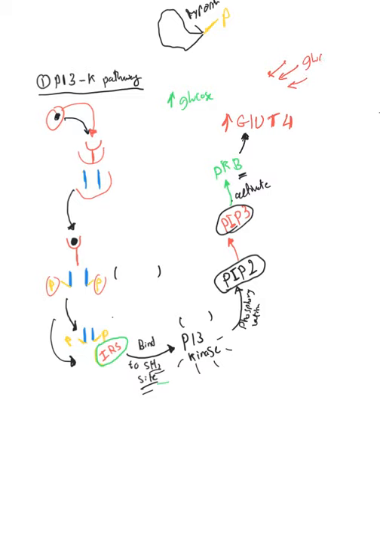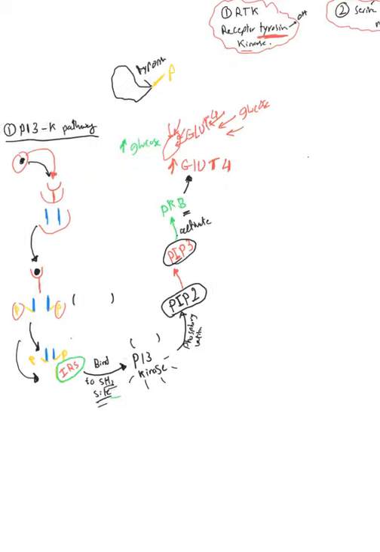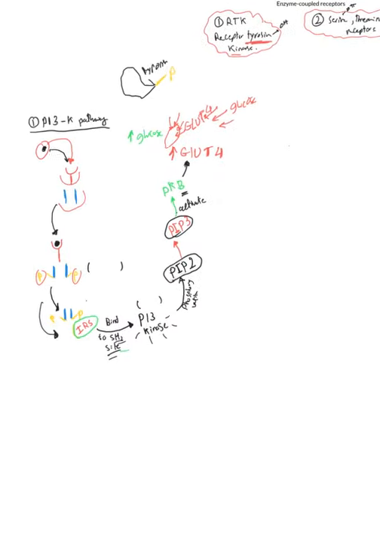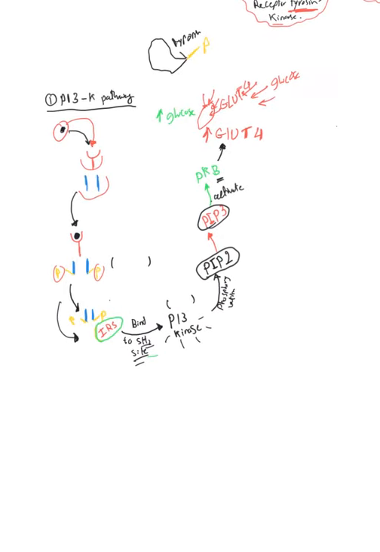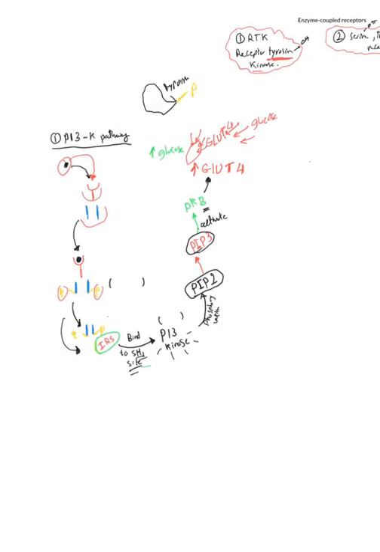So this is the glucose, and this is the facilitated transporter, GLUT4, and this is our cell here. So it keeps going in, and this is how glucose gets in after a high glucose meal. So this is the first pathway of RTK.